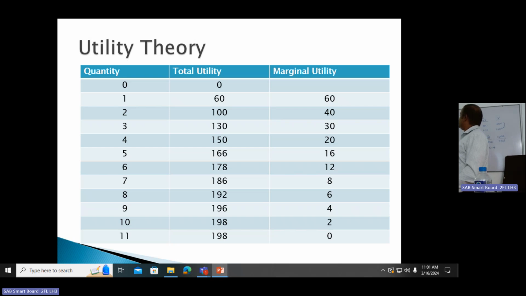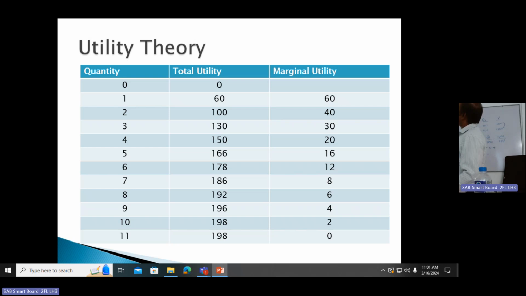Or in other words, later on you will study taking the slope of the total utility curve, measuring the slope using differentiation, calculus. If you measure the slope of the curve, you will get the marginal utility. The slope of the total utility curve gives us the marginal utility, delta TU over delta Q.